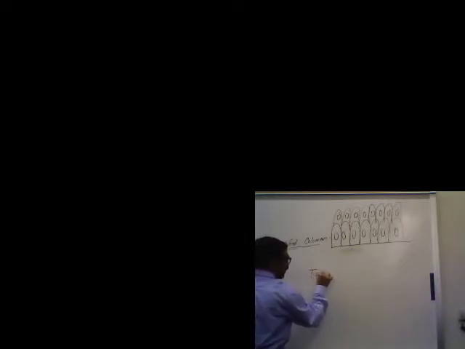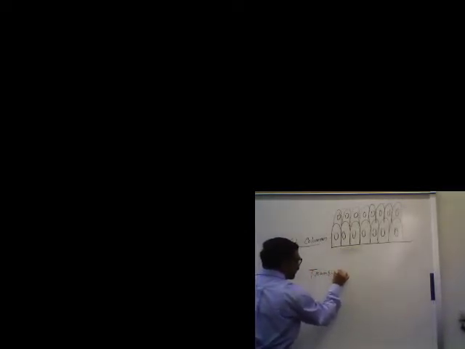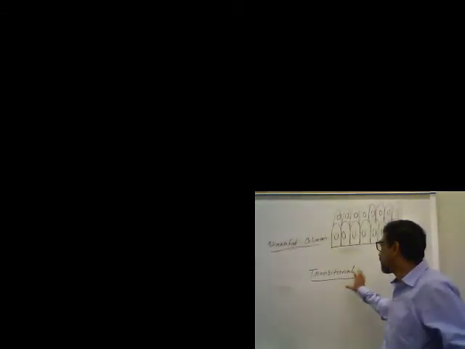There is another type of epithelial tissue that is called transitional. Why is that called transitional? Because the shape of the cells changes. The shape of the cells is not fixed, always changing. That's why it is called transitional.